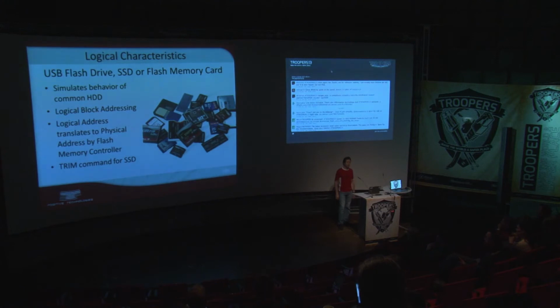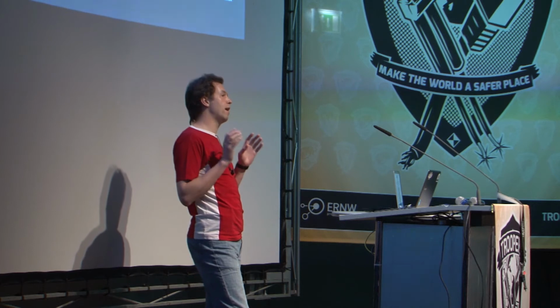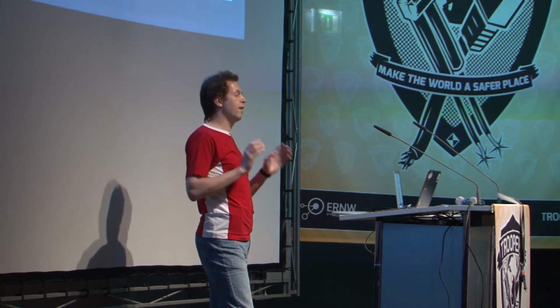And several words about logical characteristics of flash devices. There are two types of devices. The first type is usual USB flash drives that connect to a USB port, solid state drives, and cards that are inserted in your photo camera. Mostly they try to represent a virtual hard drive, so you have logical access at the sector level.